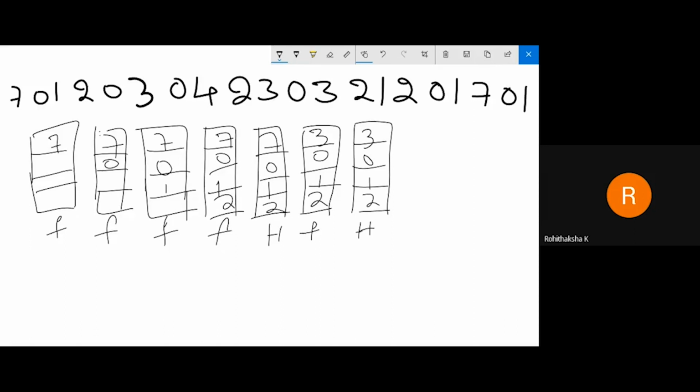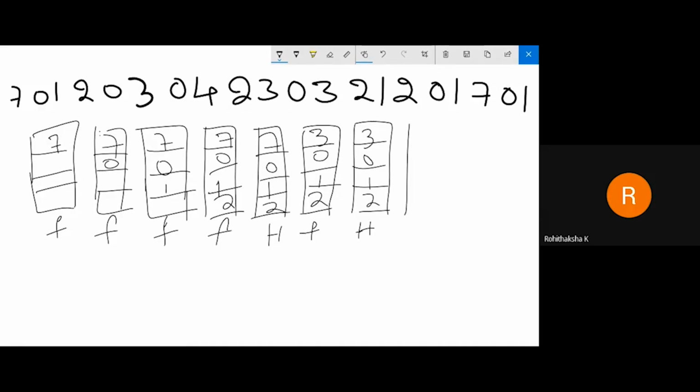The next reference we are looking for is 4. Whether the page number 4 is there in the page table, no, it is not there. So now we have to apply the FIFO page replacement. The next page that was brought into the main memory was 0. So this is the second location. I want to replace 0 with 4.